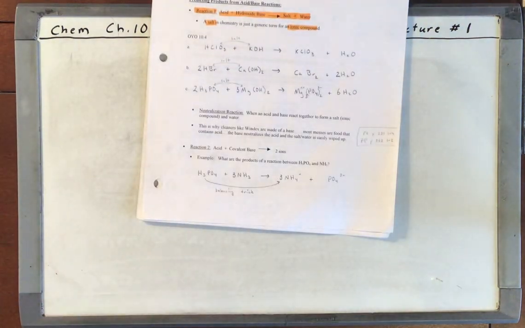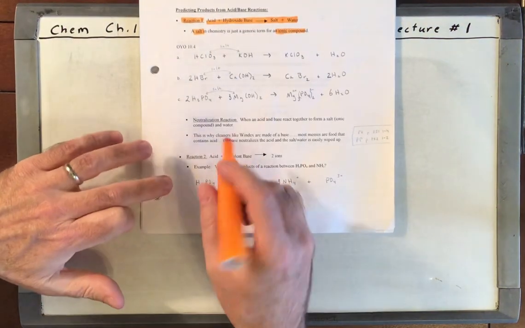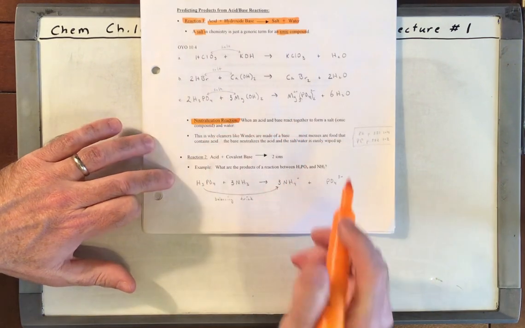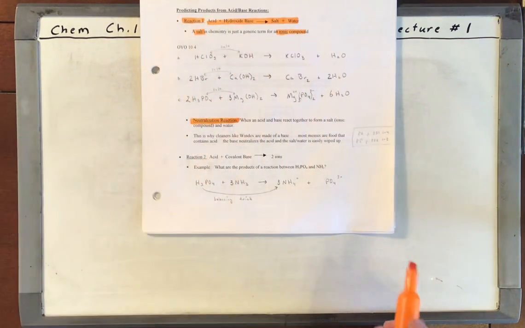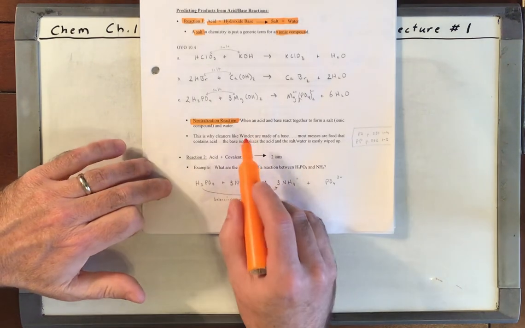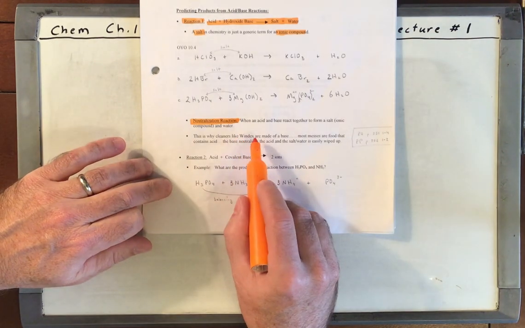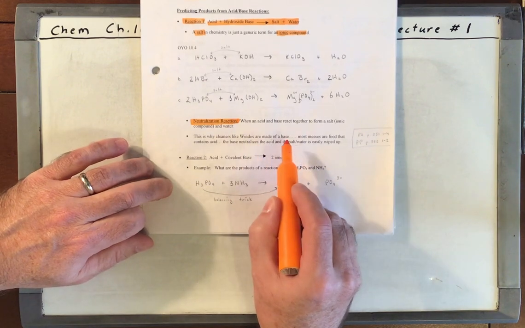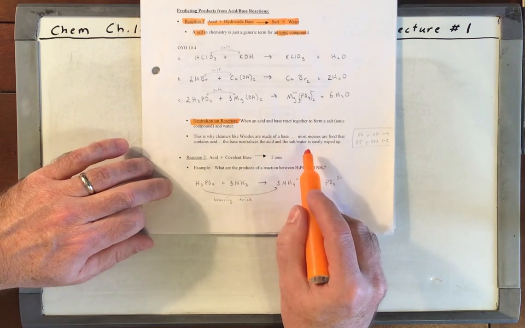All right, we are all the way down near the bottom of page 3. Neutralization reaction, that's the official name of this reaction 1. Okay, and just get a bullet with a little information. So a cleaner like a Windex is made of a base. It's an ammonia type of cleaner.